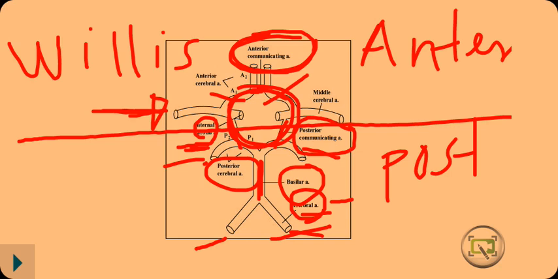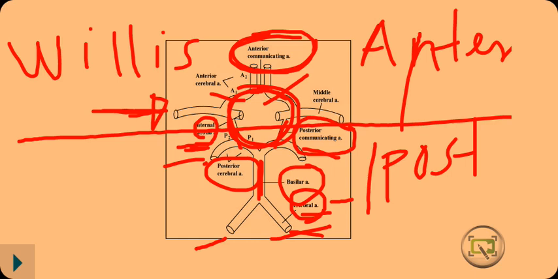I'll give a brief function of these arteries. The anterior arteries will supply blood to the anterior part of the brain, and the posterior part will supply blood to the posterior part of the brain.